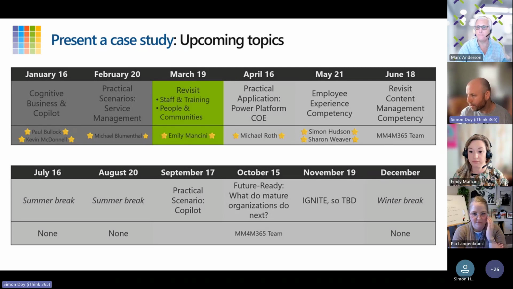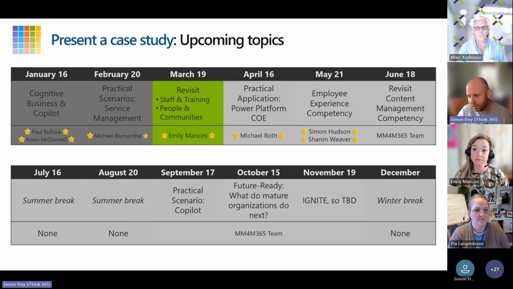Anyway, you can see that, but we're trying to revisit things and update and refresh things. In September, of course, we've got the obligatory Copilot session, and in October, I'm really excited about this, thinking about how organizations look to the future, and look at what might be impacting them. Maybe Copilot would be one of those things that they'd have thought about already. And then Ignite might impact us in November, so we're just working that out.